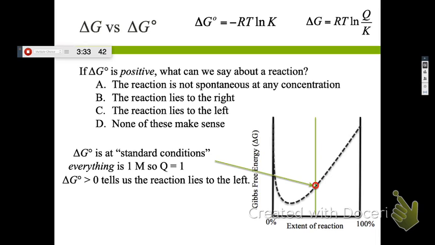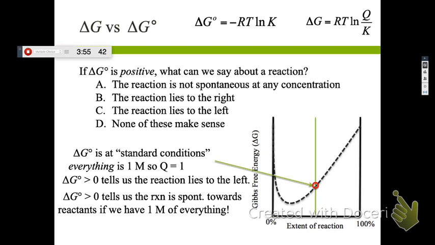So what would you draw? Nabil, do you mind closing that? Thanks. So where would the minimum lie? What do you guys think? Yes. Absolutely. So the sign of Gibbs free energy at standard conditions basically helps us draw this.